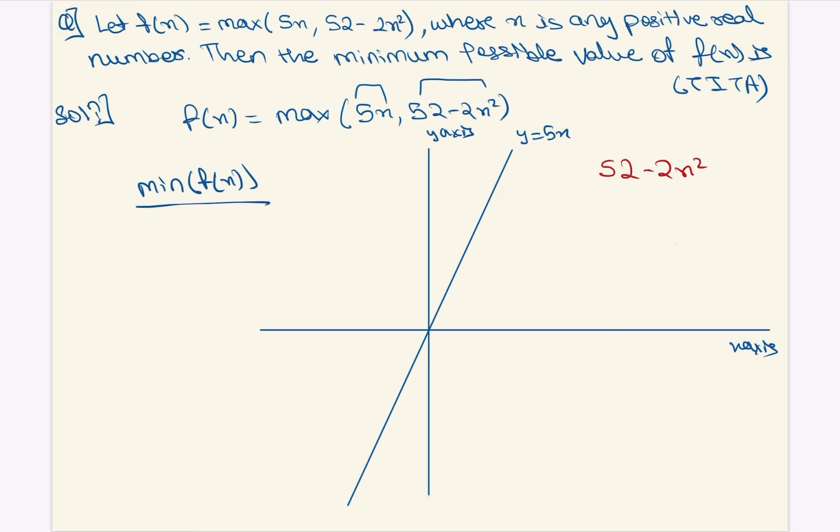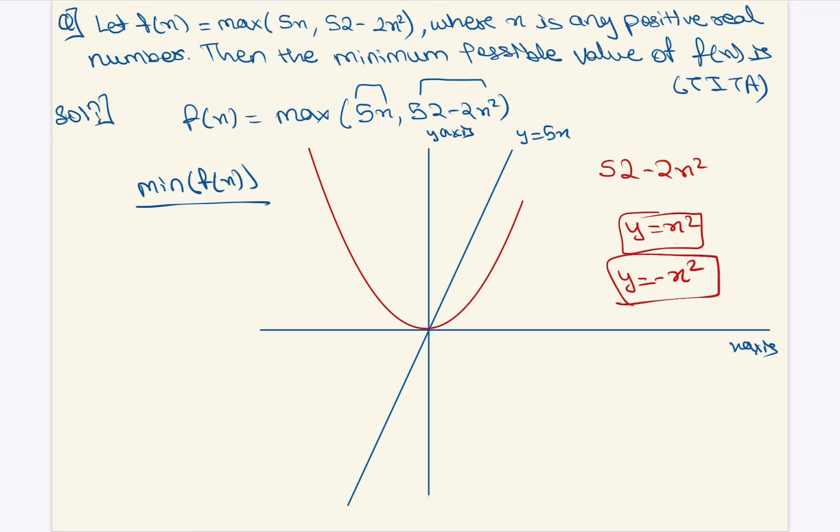We know the standard graph of y equal to x square, which is a parabola which touches the origin. We just need to negate the sign. So we need y equal to minus x square, because there is minus x square here. So I'll just reverse the signs. Fair enough. This is my y equal to minus x square.